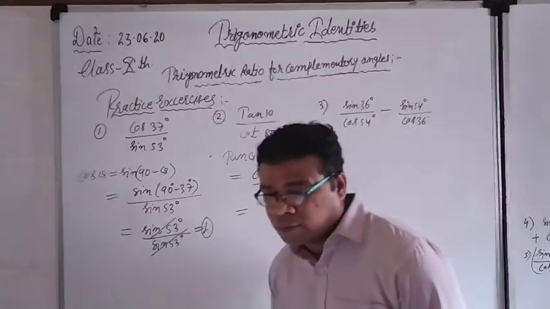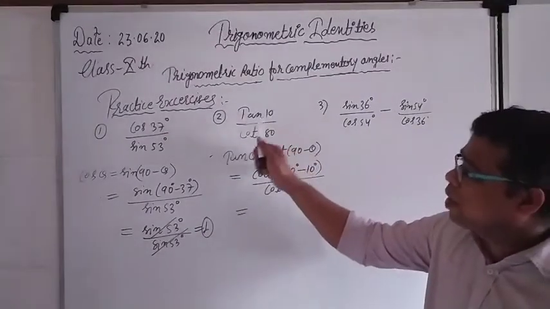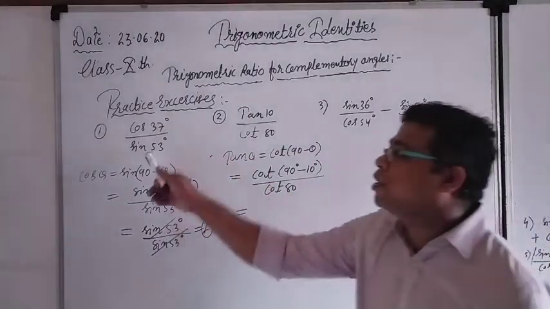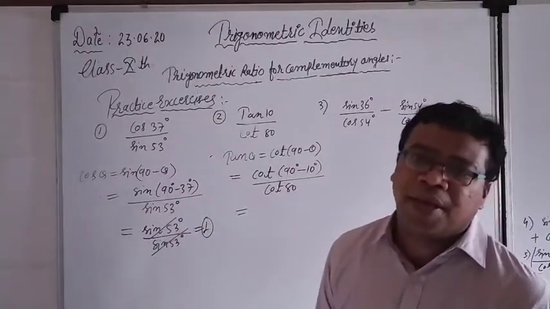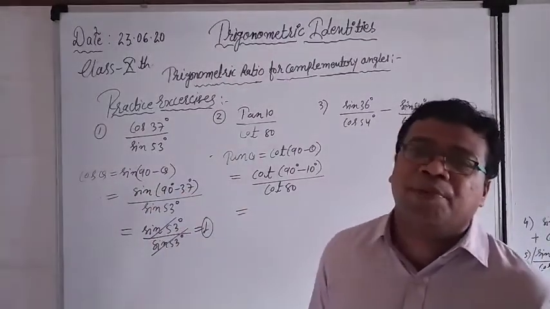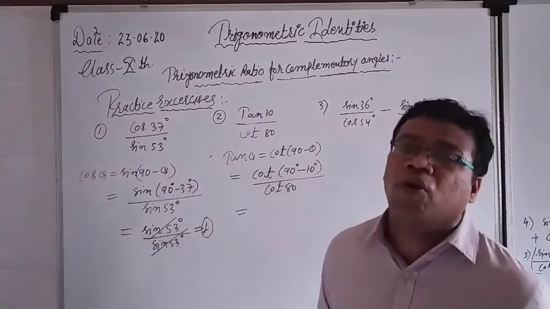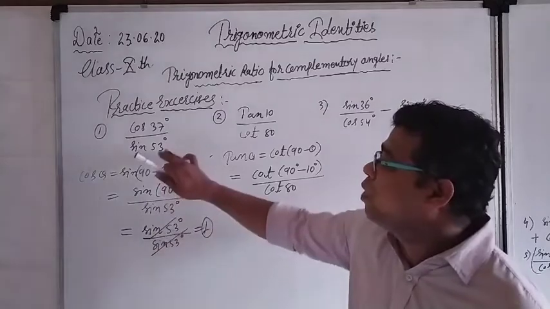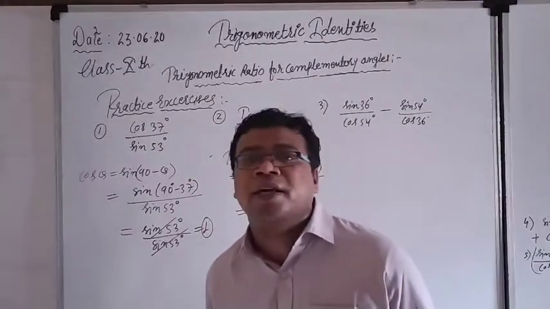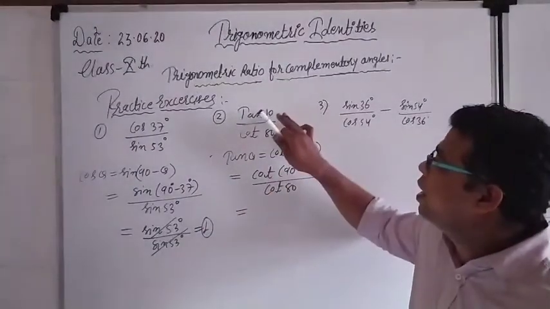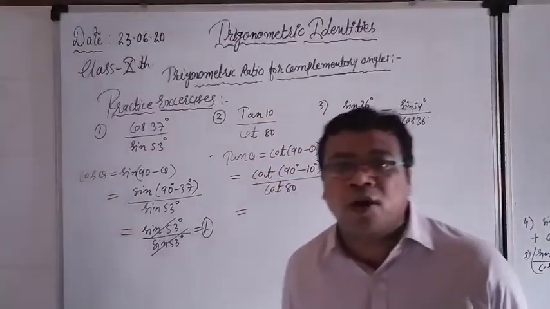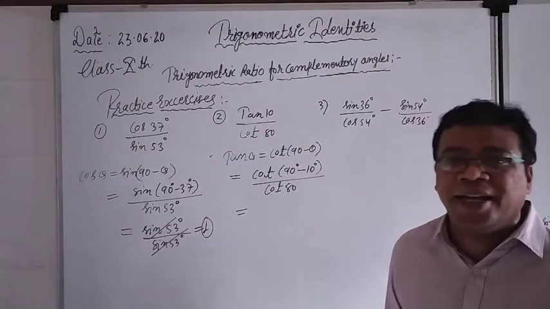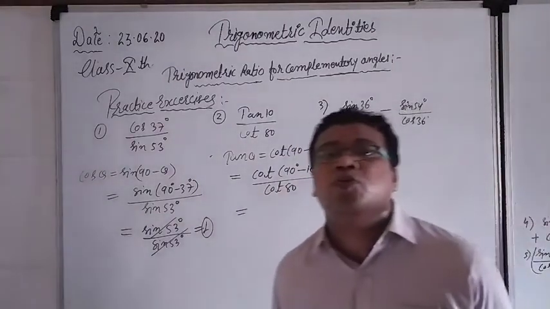Meaning either you can replace, for example, as I did with cos 37, or somebody can keep cos 37 the same and change sin 53, which can also be written in the form of cos. Either you change the denominator in the form of cos, or you change the numerator in the form of sin. Same like that, here I am changing the numerator in the form of cot. Even you can change cot theta in the form of tan(90 minus theta). So there are two choices for you.